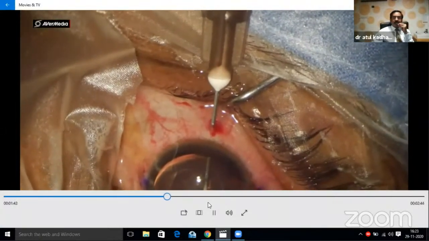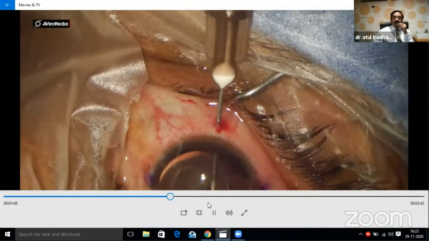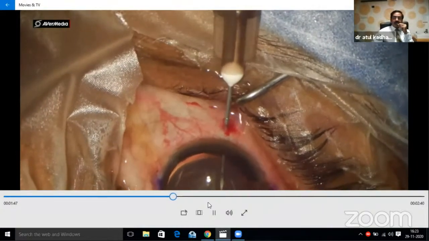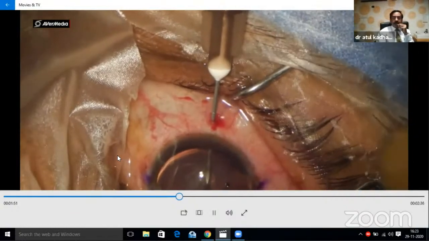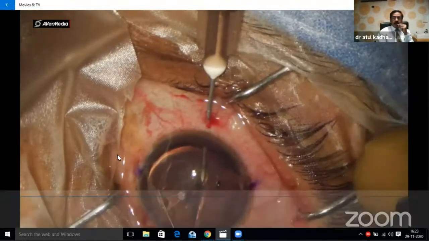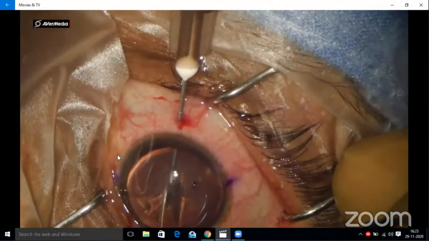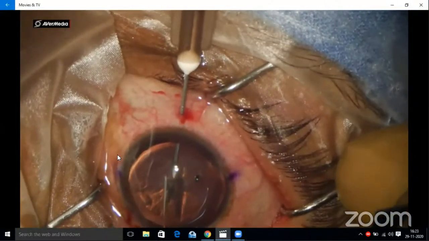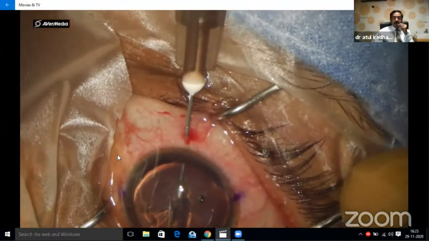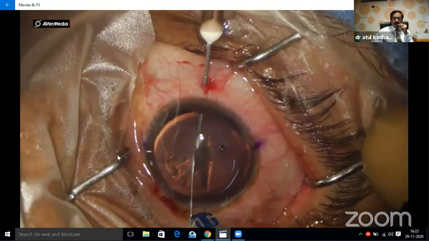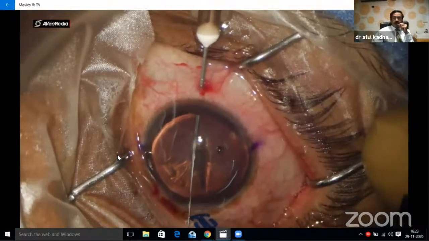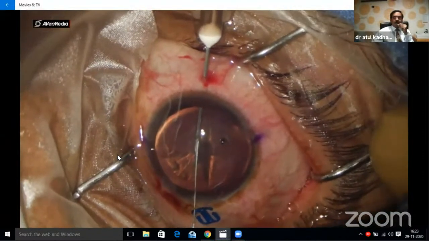So now you are seeing that I have inserted the 26 gauge needle, and now I'm trying to thread the Prolene needle into the hub of the 26 gauge needle. Now, once it is threaded into the hub of the 26 gauge needle, the Prolene suture is taken out.